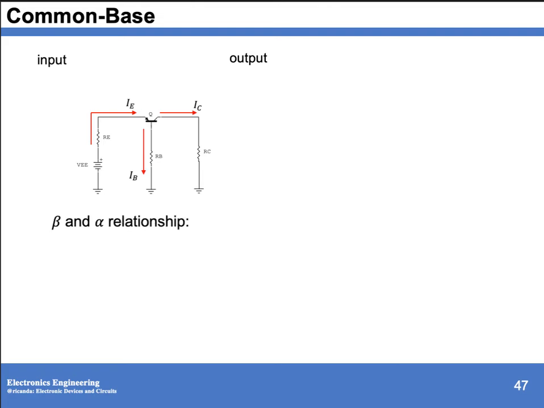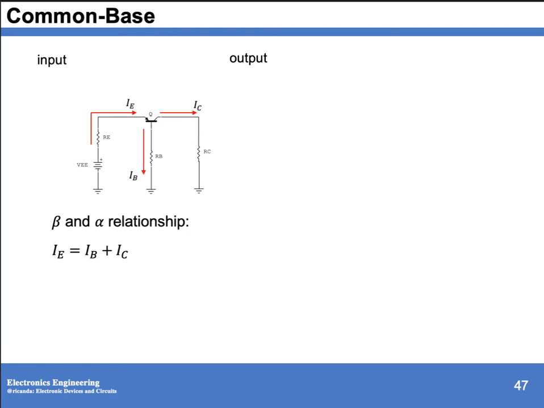If we want to get the relationship between your beta and alpha, remember that the equation of your IE is equal to IC plus IB in any configuration, either common emitter, common base, or common collector. We have the same flow of current, which is IE equals IB plus IC.